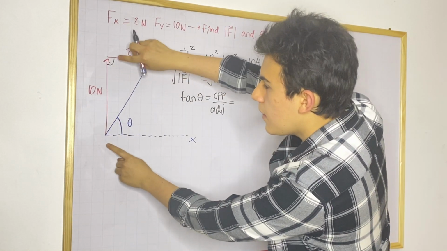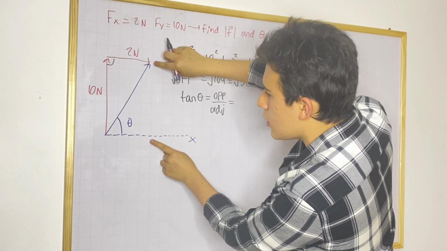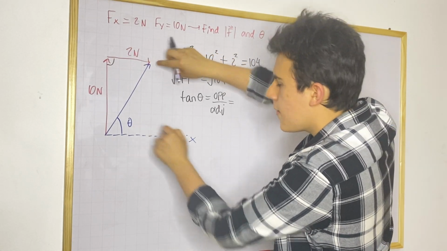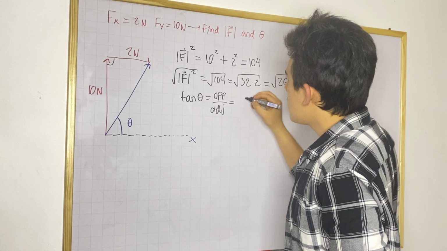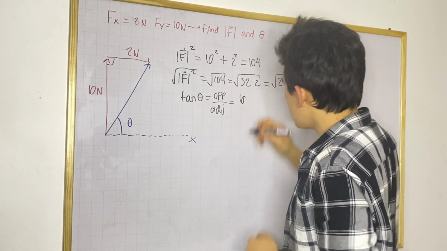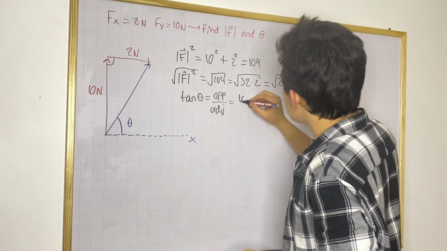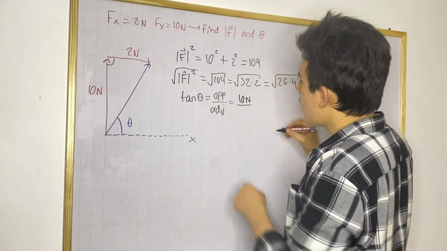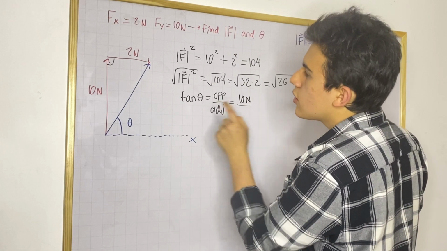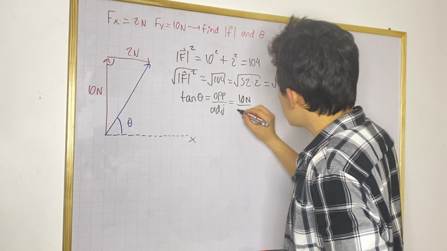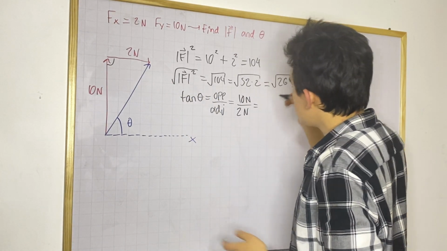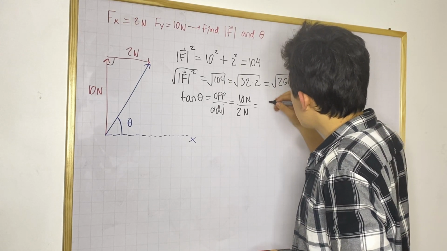Remember, this is the y component. You can just bring it here if you want to see it as the opposite side of theta. So this is going to be 10 newtons over the adjacent side, which is going to be 2 newtons. And this is just simply 5.